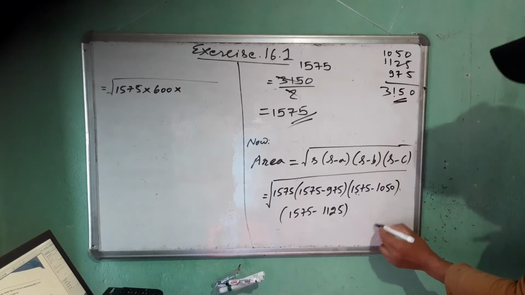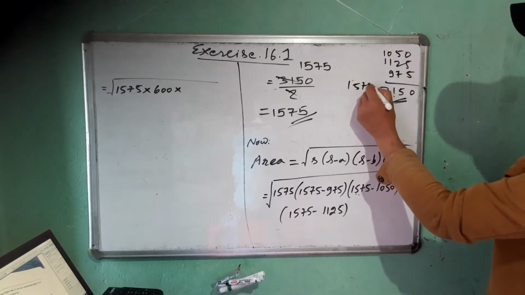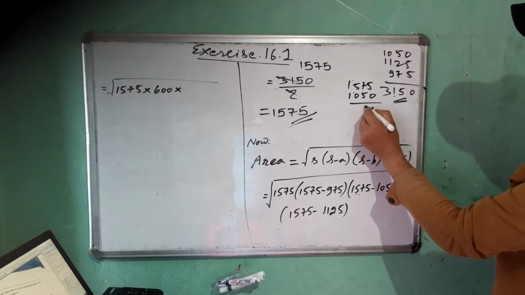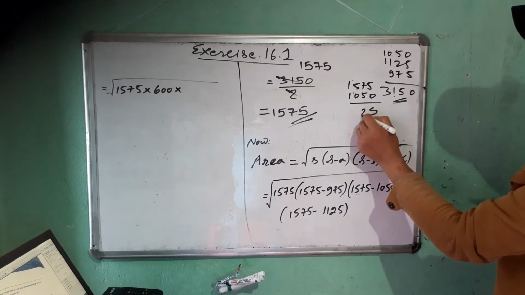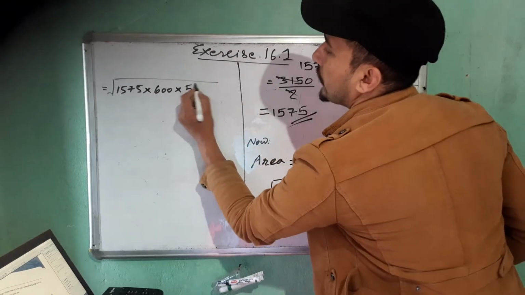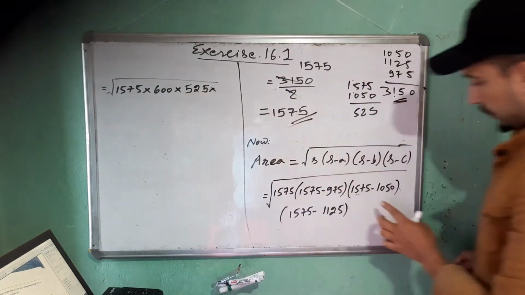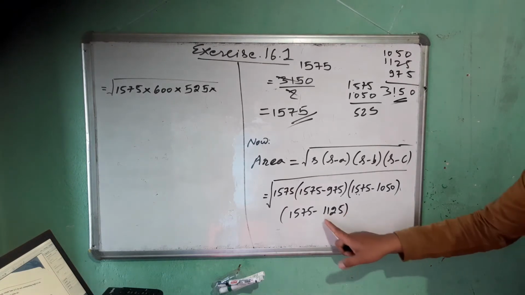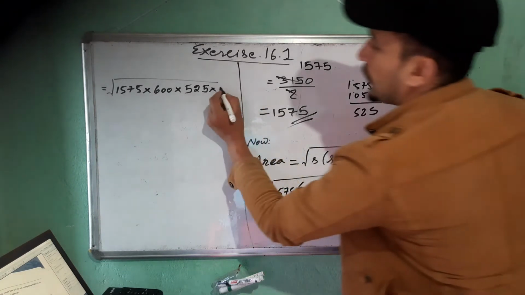Let me check. Yes, 525. Into, if we subtract this and this, we will get 450.